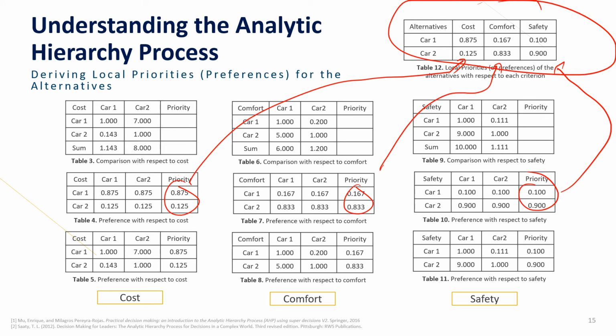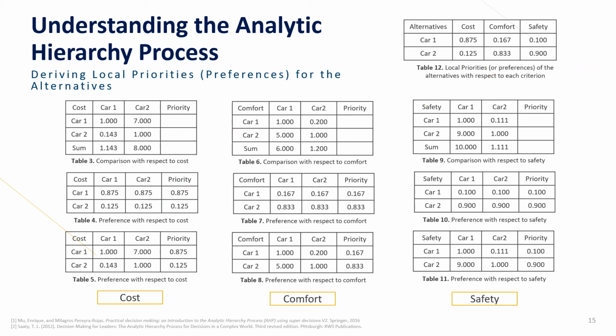It means that the bigger the value here, car 1 in terms of cost is higher compared to car 2. Car 1, however, in terms of comfort is less than car 2. Car 1 also in terms of safety is less than car 2. This is based on the judgment of this example.